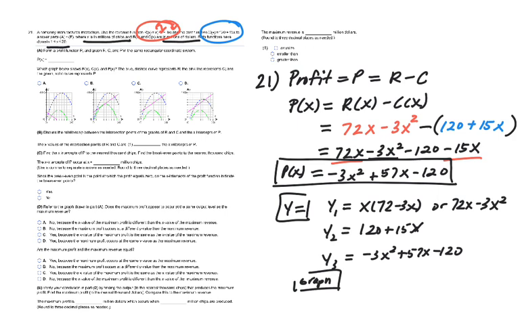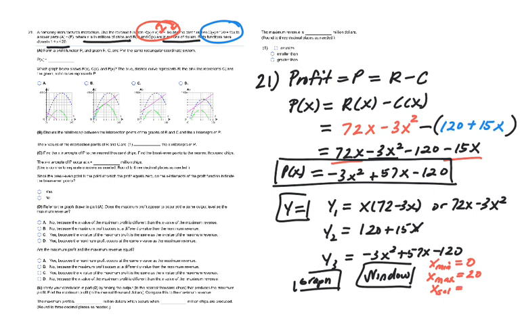So here, click the window button and change your x min to 0, your x max to 20, and then the x scale, SCL.